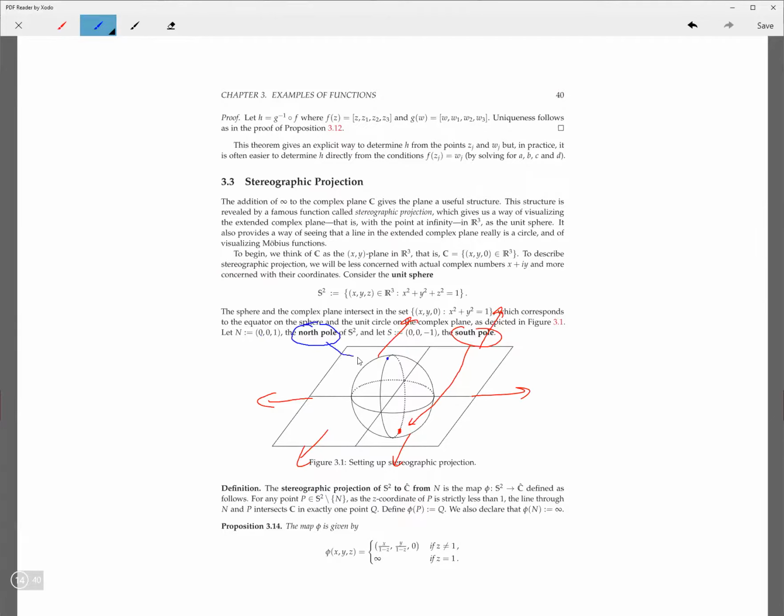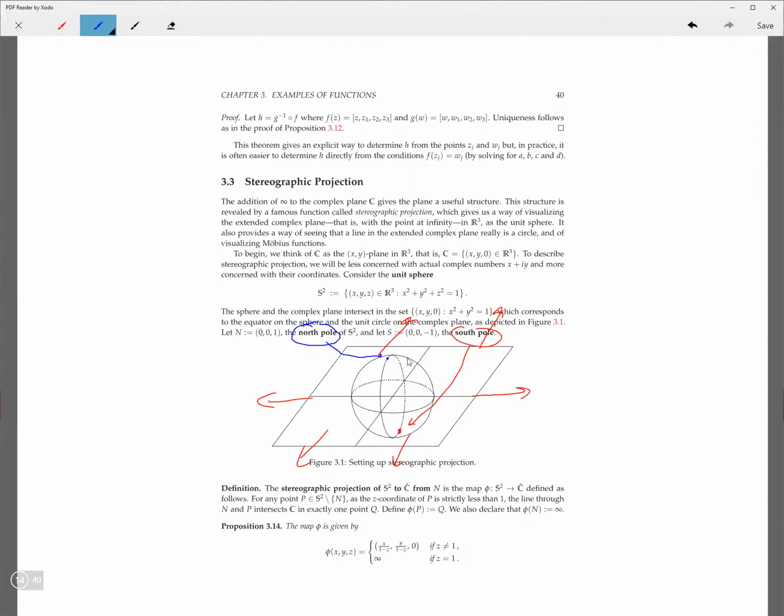Now, the North Pole is perhaps the important one. Imagine this plane here, or the table, is the complex plane.